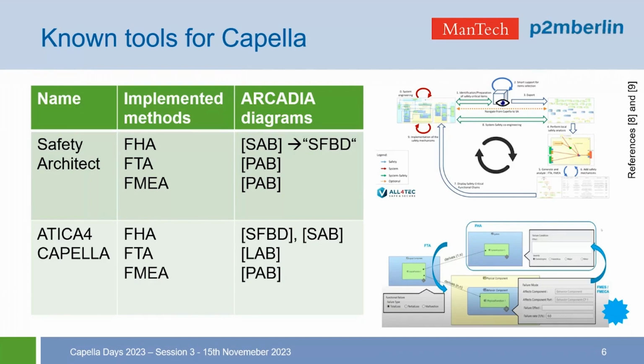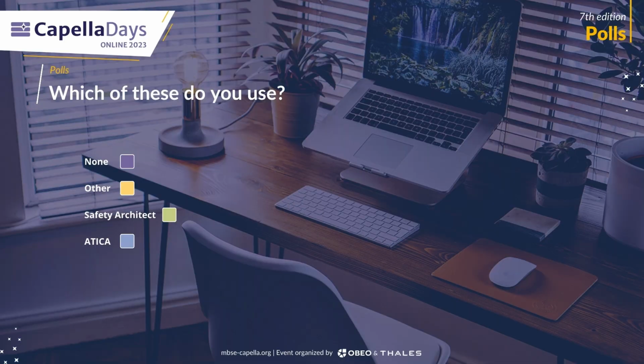The idea was to help facilitate the identification of failures in a more automated way beyond what these tools were able to do themselves. There was a little bit of a gap between analysis and the identification of failure. On this slide, there's a poll that identifies which of these tools, if you use them, you use currently today.